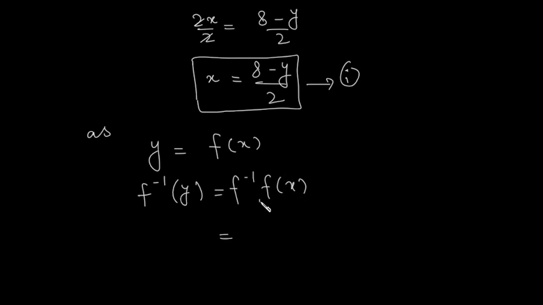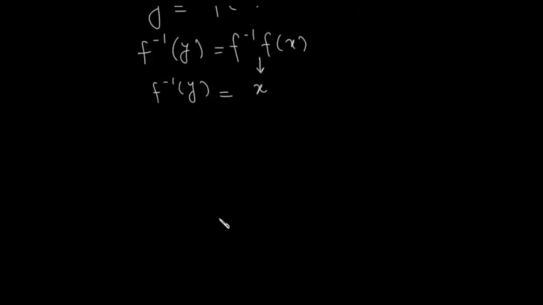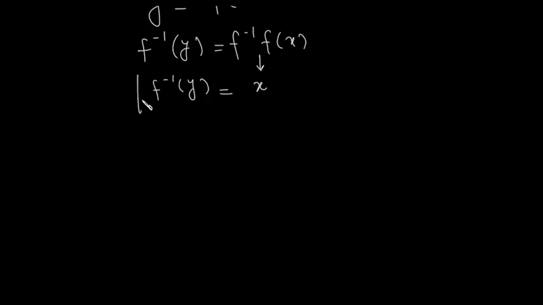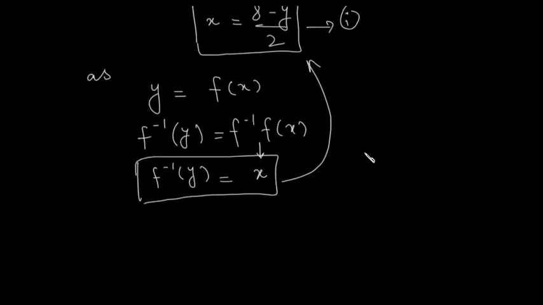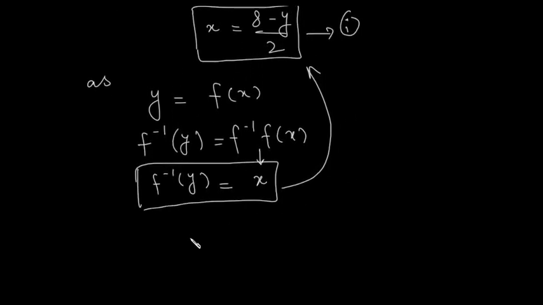So this gives x, and here f inverse y. Now by putting this value of x in equation number 1, equation number 1 becomes f inverse y is equals to 8 minus y by 2.